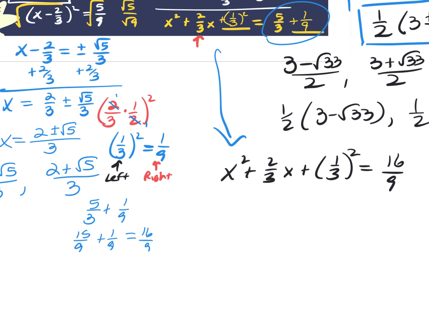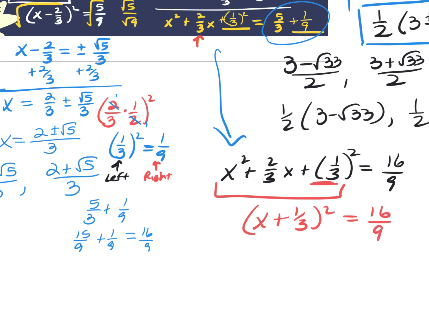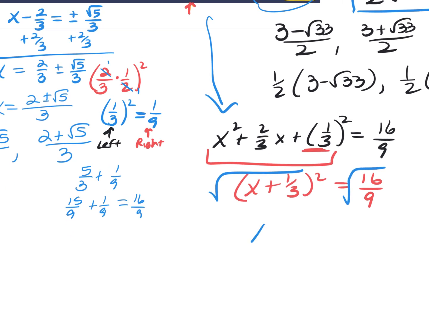I now need to factor the trinomial. So remember, by putting it in like this already tells me what goes into my binomial. And now I'm going to square root both sides. Causes the x plus 1/3 to come out.